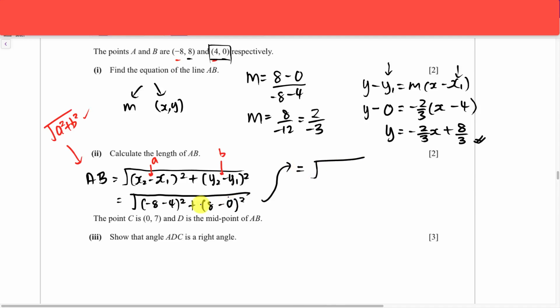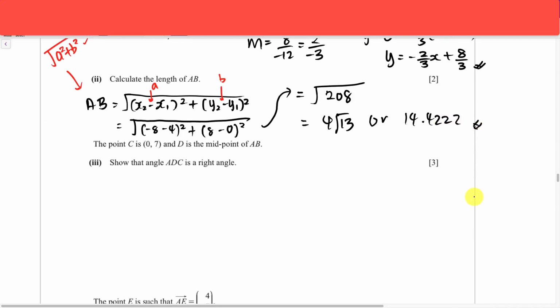It should be the square root of 144 plus 64, which is 208. You can change it into a decimal if you want, or you can leave it as 4 root 13, or the decimal, like 14.4222. So I'll move on to the next one.